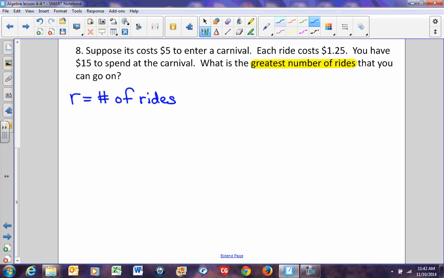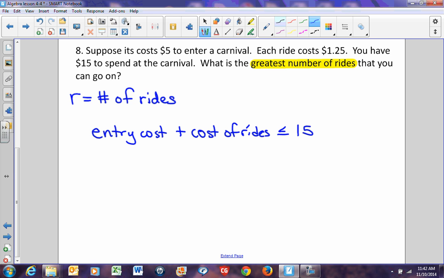So it costs $5 to enter, and rides cost $1.25. So my entry fee plus my cost of the rides, and I have $15, so it has to be less than or equal to $15.